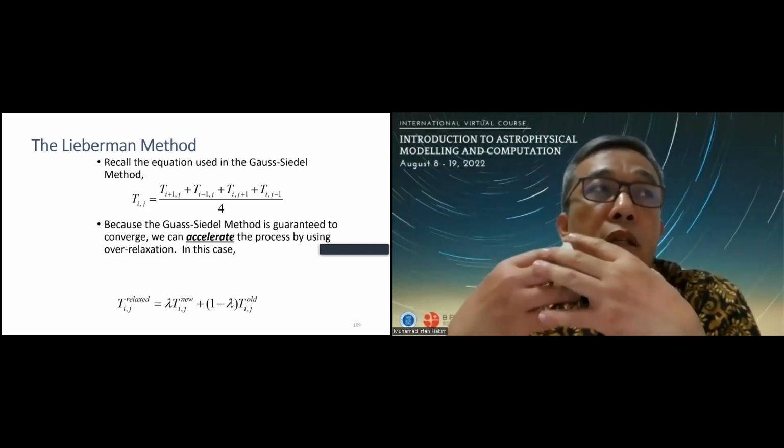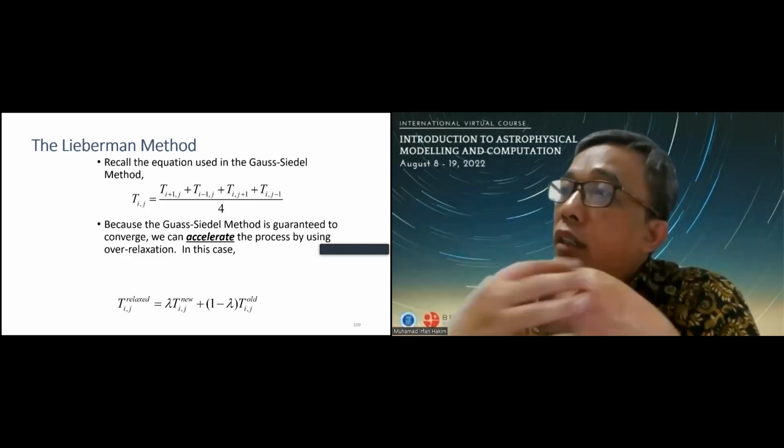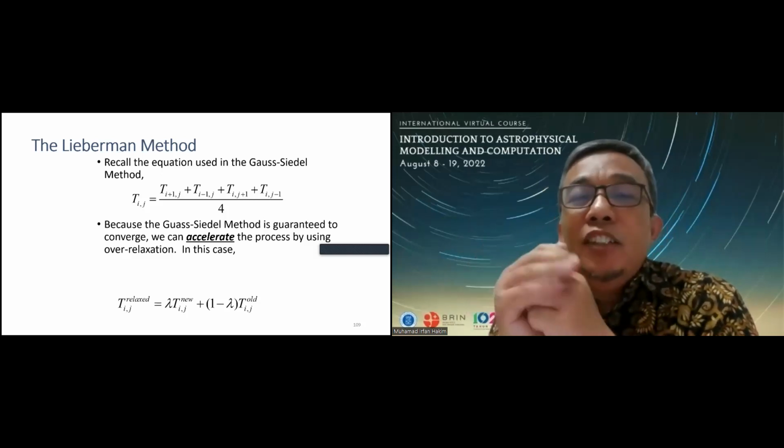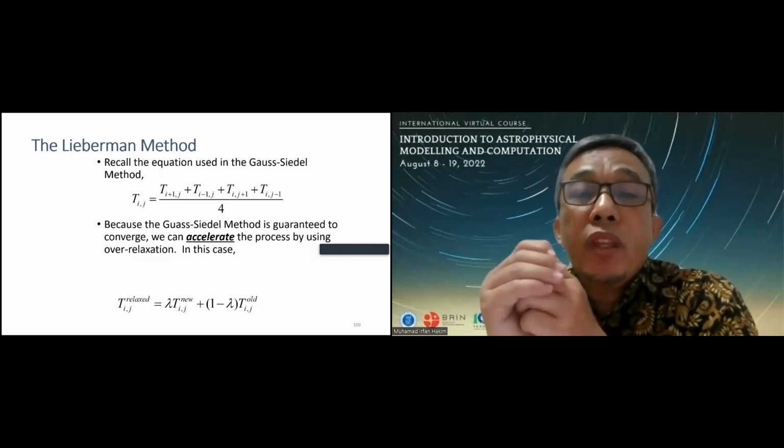This is one of the important keys in computer operation, in doing calculation, in doing computation.